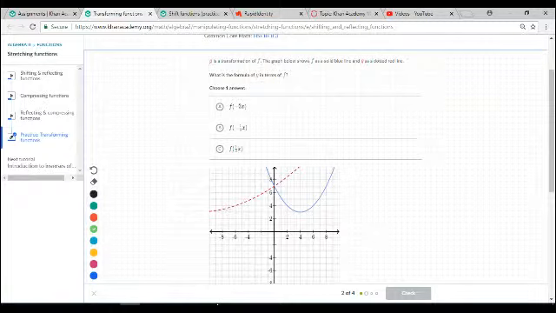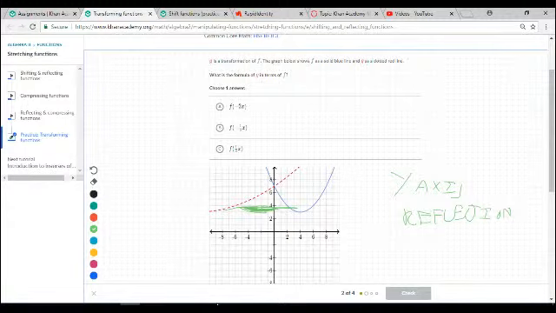So it looks like we might have a y-axis reflection and then we also have a horizontal stretch.